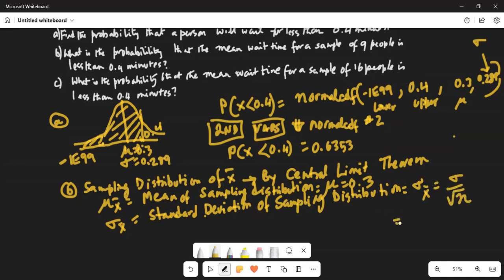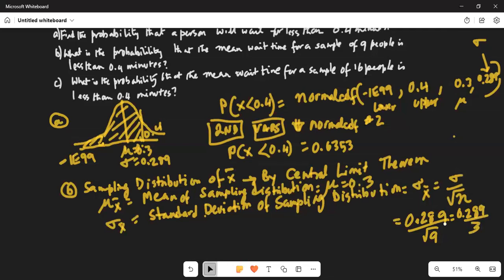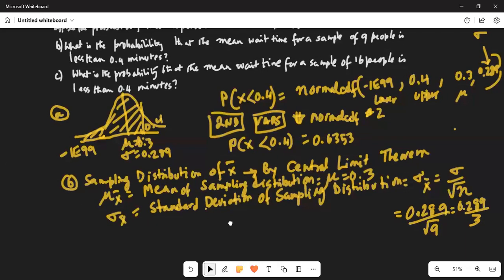So in our case, sigma is 0.289. That has to be divided by the square root of 9, which on the calculator is second, x squared. Or it is 0.289 divided by 3, because the square root of 9 is 3.